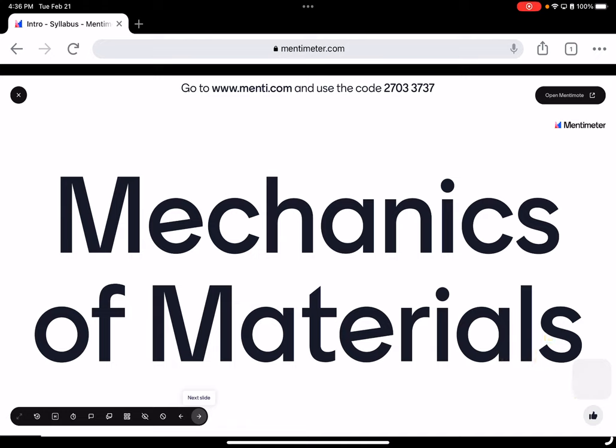Hopefully we have time. The second part of the name of the course is materials. So we are focused on how the materials behave mechanically. For example, some foam is just a regular foam. If I stretch this, it is a small amount of displacement.